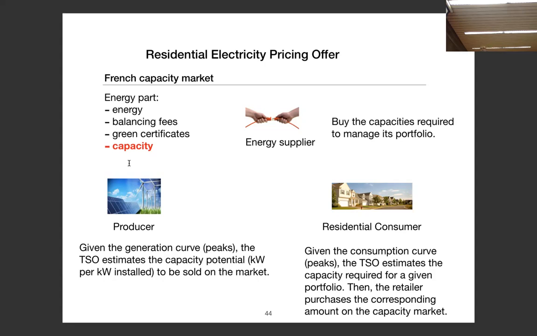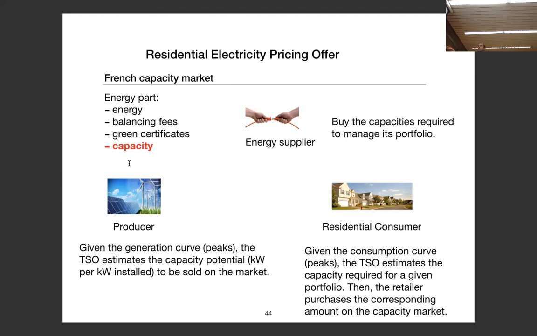The TSO will estimate the potential installed capacity that you have that can help the grid during the peak. And so you will have some money for that. It's a way to encourage people to build more gas plants that will be used just during peak hours.